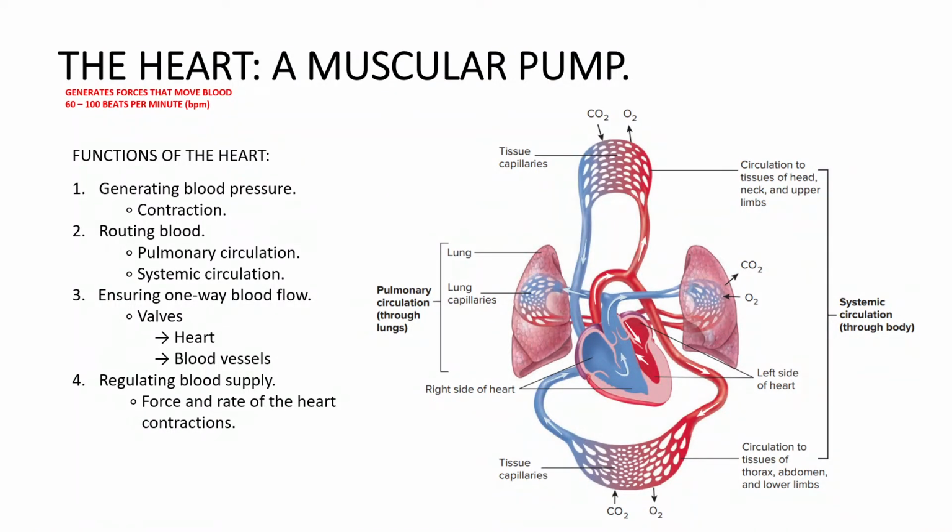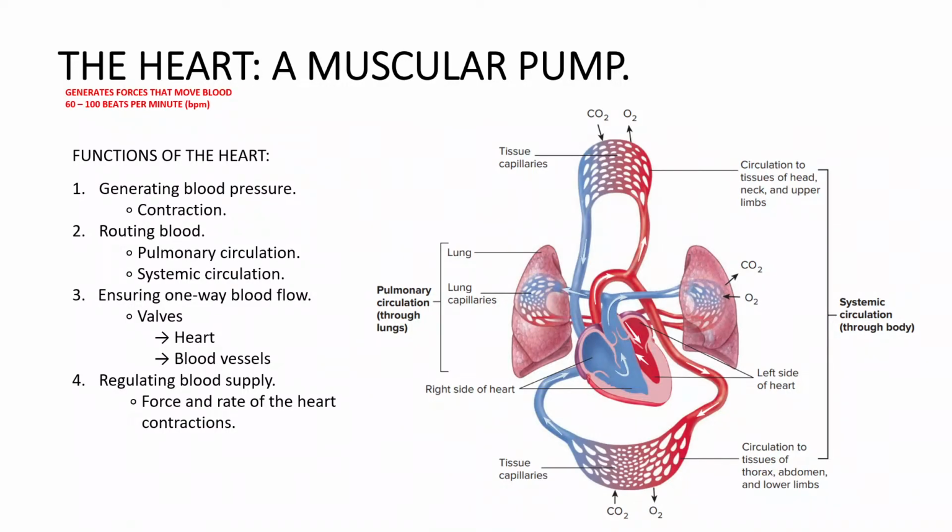So I was saying that the heart has four different functions. Number one is generating blood pressure, and the heart does this by contracting. We saw that the heart is a muscle, and the heart muscles are called myocardium, myocardial muscles.